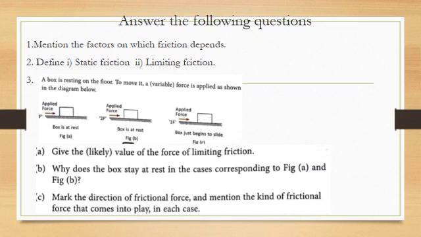To move it, force is applied as shown in the diagram. A: give the value of the force of limiting friction. B: why does the box stay at rest in the cases corresponding to figure A and figure B? C: mark the direction of frictional force and mention the kind of frictional force that comes into play in each case.